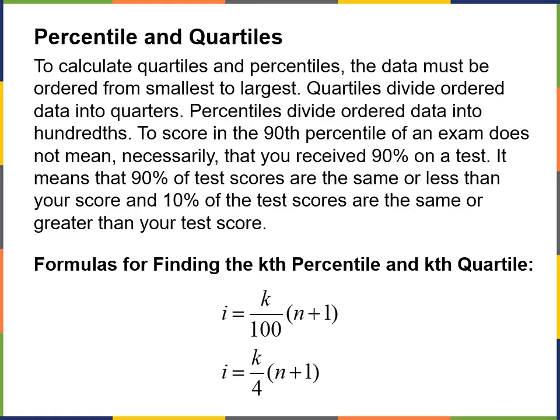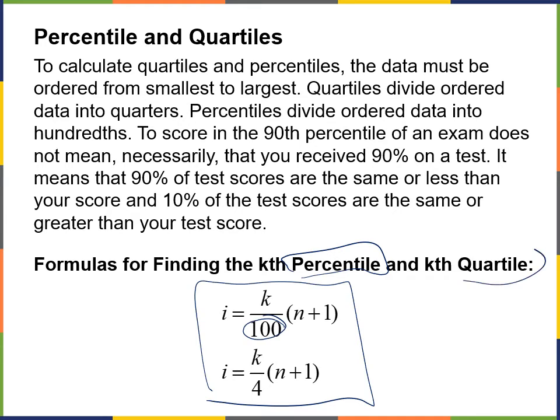There's a formula we can use, and this is the formula we're going to use here. There are a couple of things. One, you need to know the number of divisions. For percentile, the number of divisions would be 100. For quartile, the number of divisions would be 4, and that would go down there. So the formula differs depending on the number of divisions. Then there's this K. K is the percentile or quartile that you're looking for.